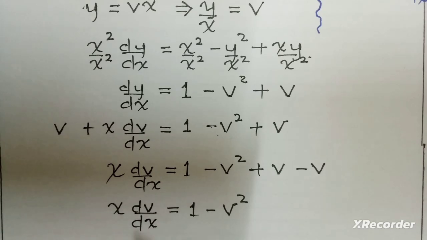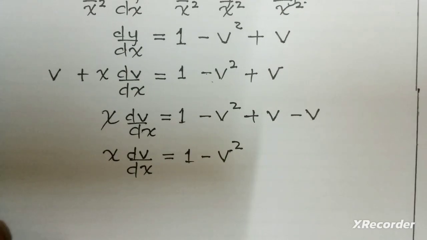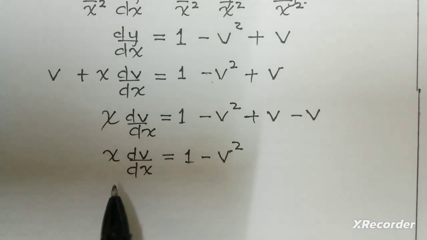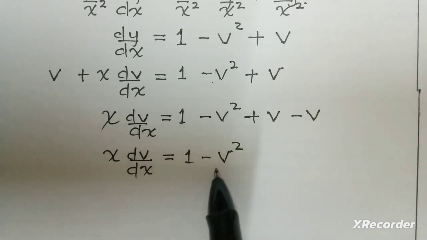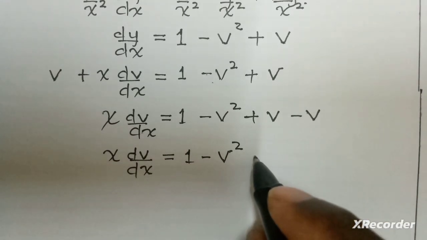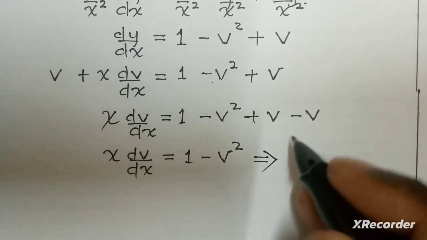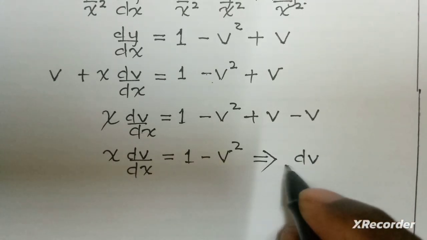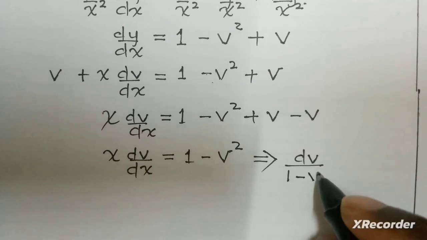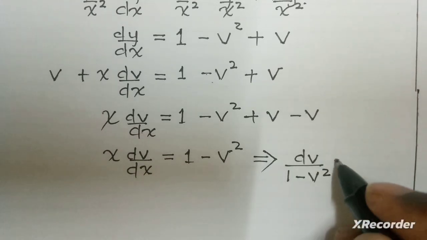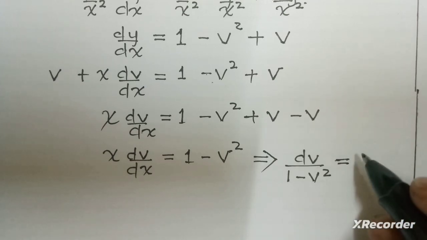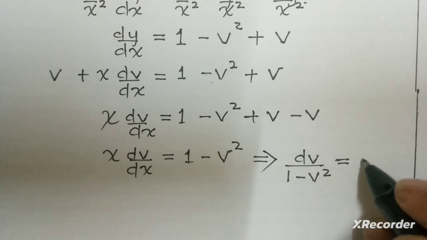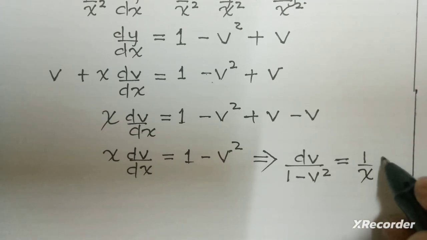Now guys, it's time to separate the variables, whereby we have v's on one side and x on one side. So we can now put it like this. Now we have the dv, can bring this 1 minus v squared here, and this other side we can put dx, that is 1 over x dx, like that.